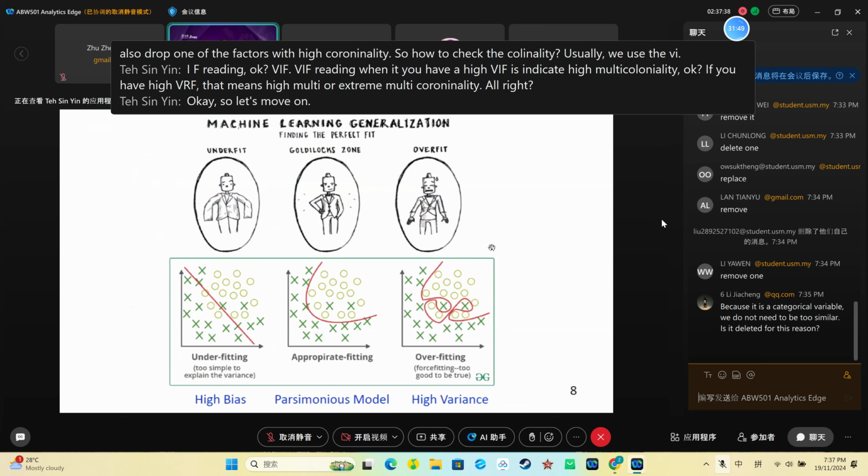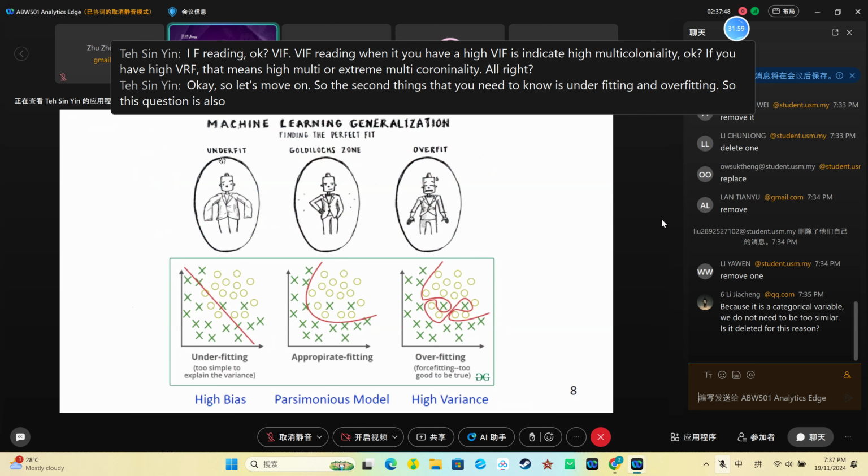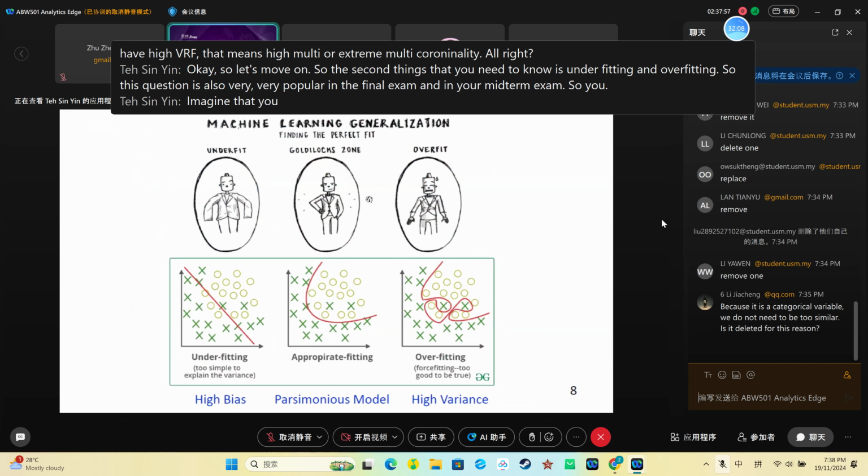So the second thing that you need to know is underfitting and overfitting. This question is also very, very popular in the final exam and in your midterm exam. Imagine that you are wearing new clothes.